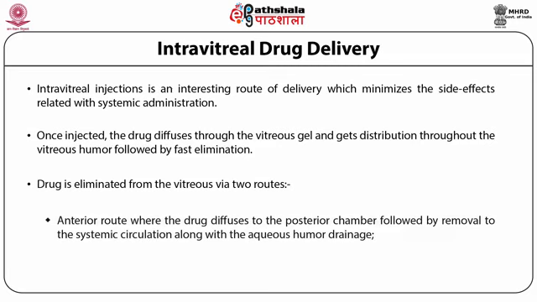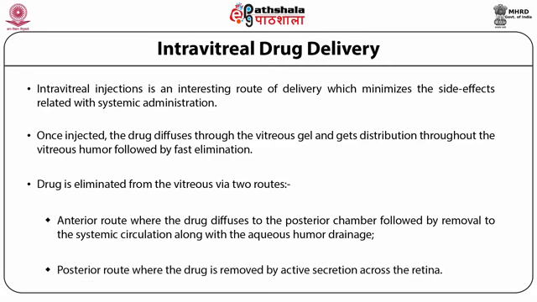Number one, the anterior route, where the drug diffuses to the posterior chamber, followed by removal to the systemic circulation along with the aqueous humor drainage. And second, the posterior route, where the drug is removed by active secretion across the retina.